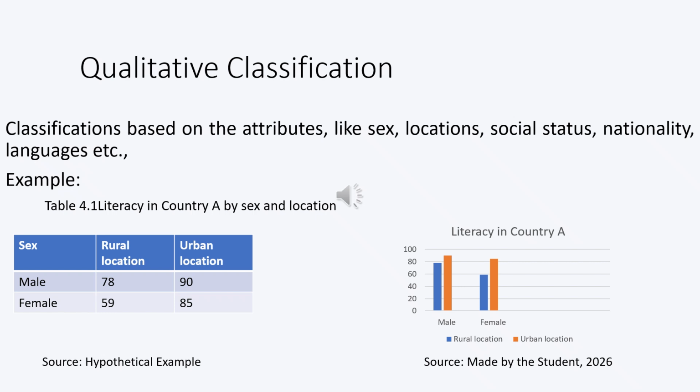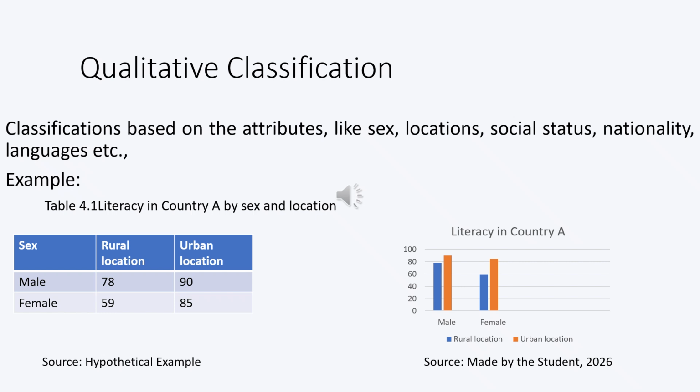Here, literacy in country A by sex and location is presented. We find in table 4.1 sex male, female, and their presentation in rural location and urban location. The source is a hypothetical example.